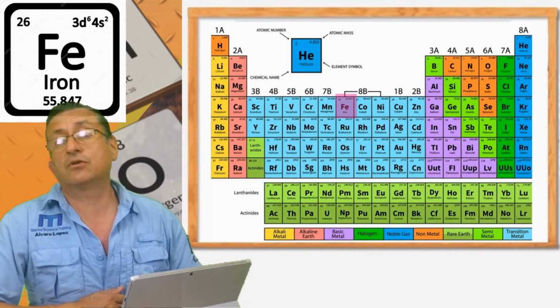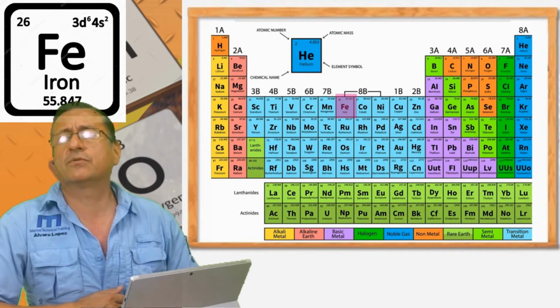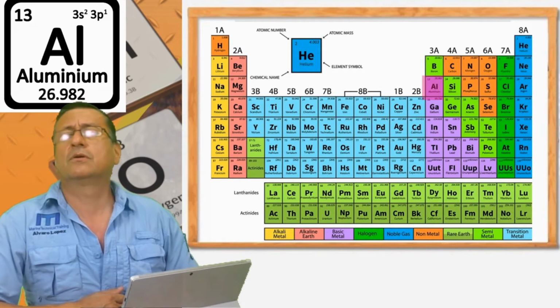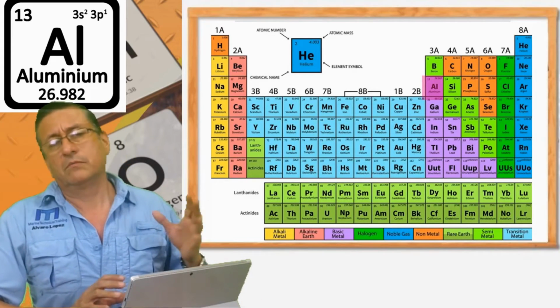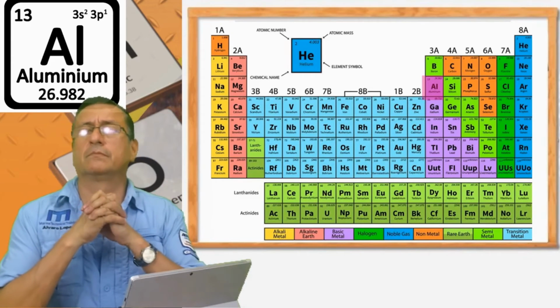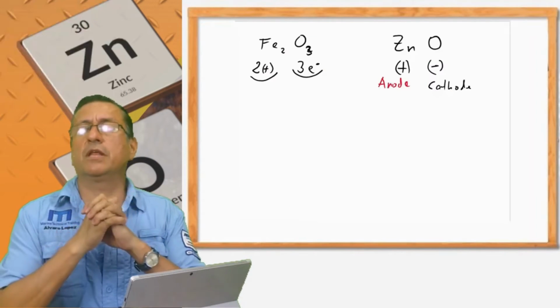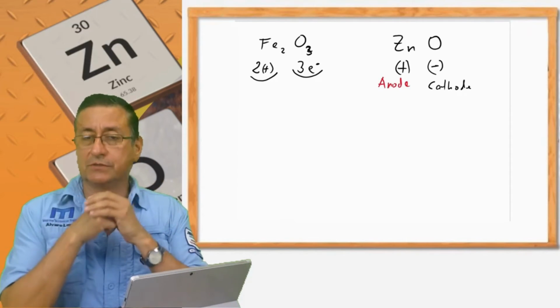Iron is an excellent conductor of electricity. Aluminum is a good conductor of electricity. Depending on the structure, some metals are better conductors than others. I'm going to explain later the meaning of that. But in general, the metals are good conductors.